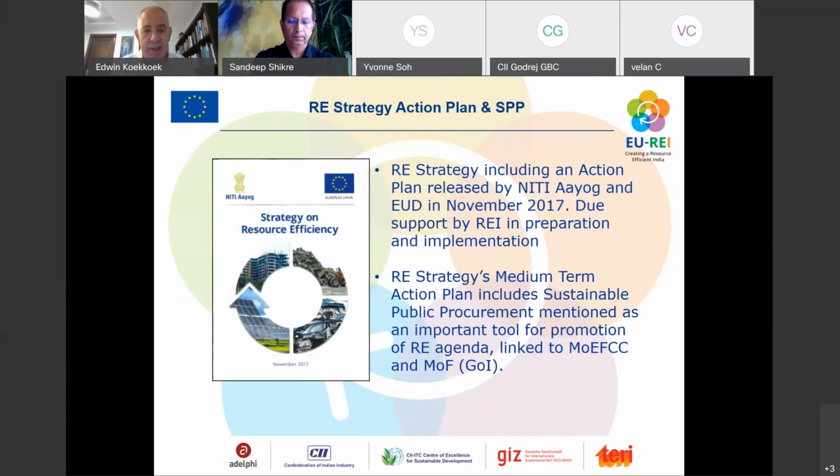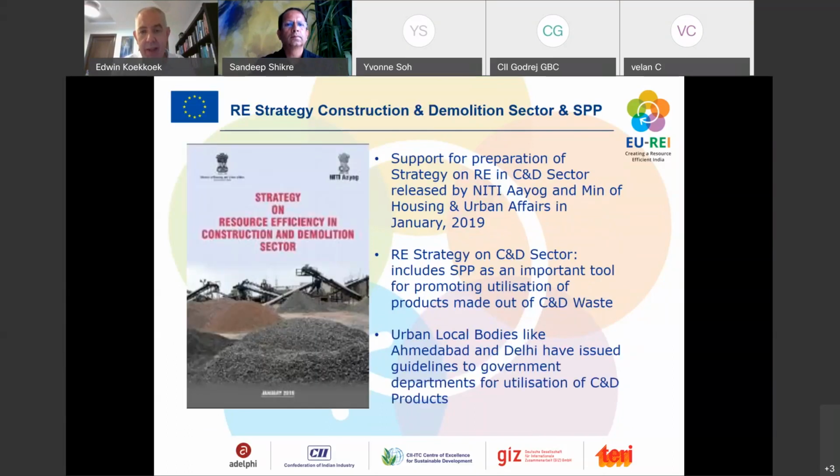As regards the national strategy on resource efficiency, which was released by Niti Aayog and the EU delegation in November 2017, it's important to mention that the medium-term action plan includes sustainable public procurement as an important tool for the promotion of resource efficiency. Another strategy, I also said we also worked on sectoral strategies, is the strategy on resource efficiency in the construction and demolition sector.